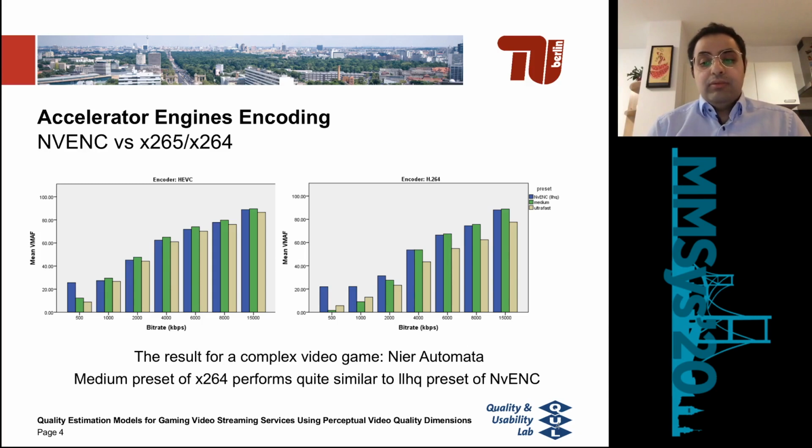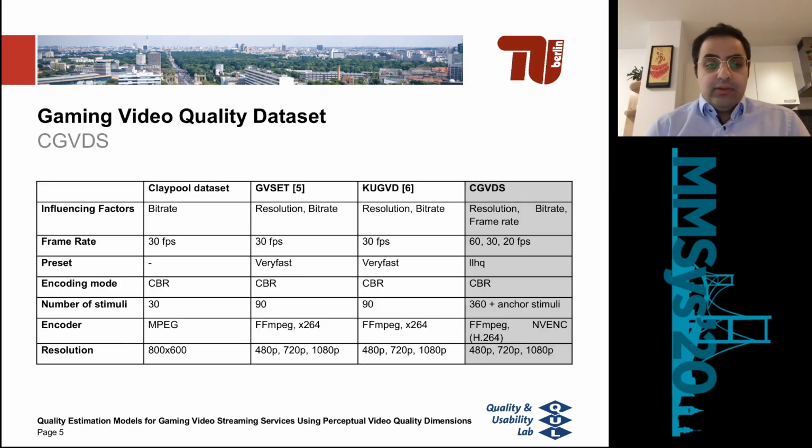We compared it for one video sequence at 1080p resolution, and as you can see, for bitrates lower than 2 Mbps, the result shows that there is a huge difference, especially in H.264. So LLHQ actually works quite well, and whenever the bitrate is higher than 2 Mbps, the medium preset is quite similar to LLHQ.